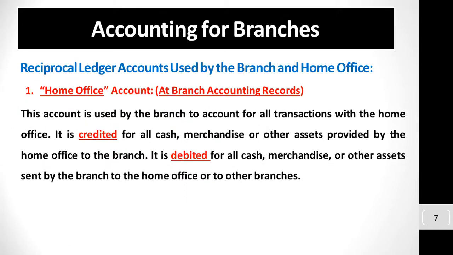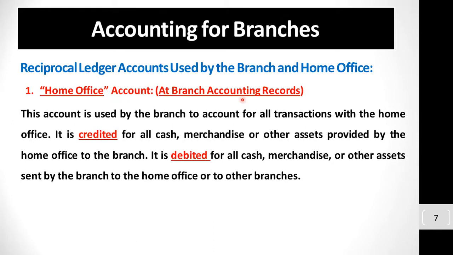So to achieve the previous objectives and to deal with the branch and the head office accounting wise, we have two main accounts. One of them is called the home office account. This account appears in the branch records.